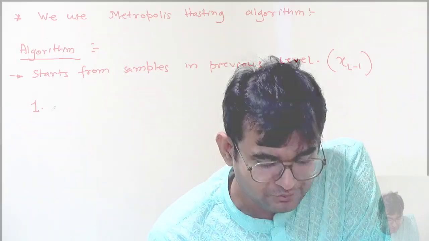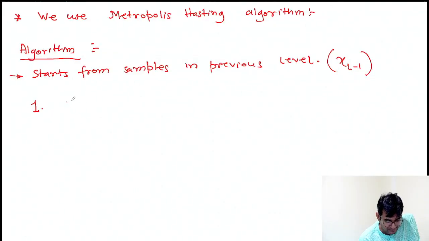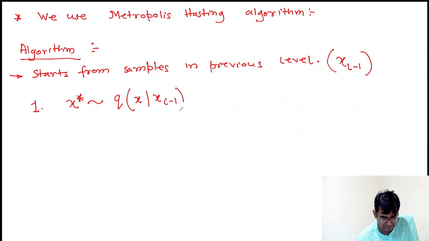Okay. So what you do is simple. You sample X star. X star is a proposal sample which might be accepted, might be rejected, from Q of X given X I minus 1. And this can be any proposal.